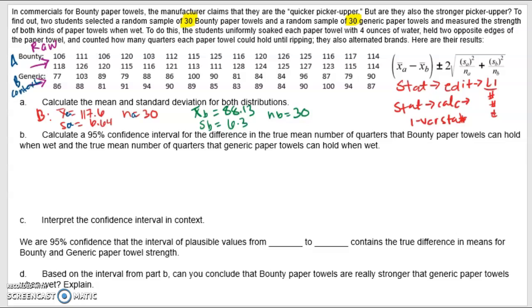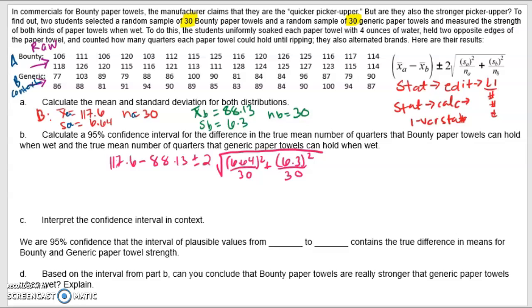I put the formula up at the top right. I'm going to subtract the two means: 117.6 minus 88.13, plus or minus 2 times the square root of 6.64 squared over 30 plus 6.3 squared over 30.